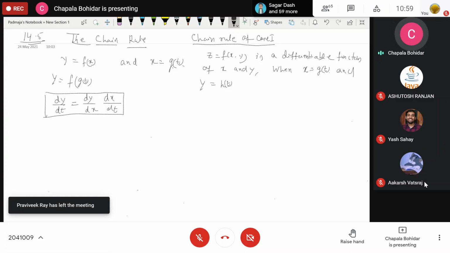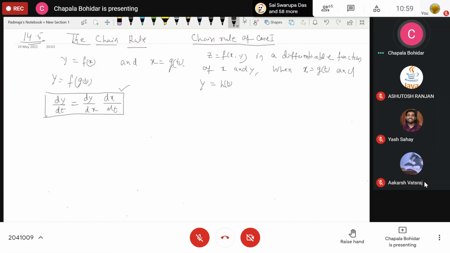So directly you can say z is a function of one variable t, not two variables, because x is a function of t and y is a function of t.